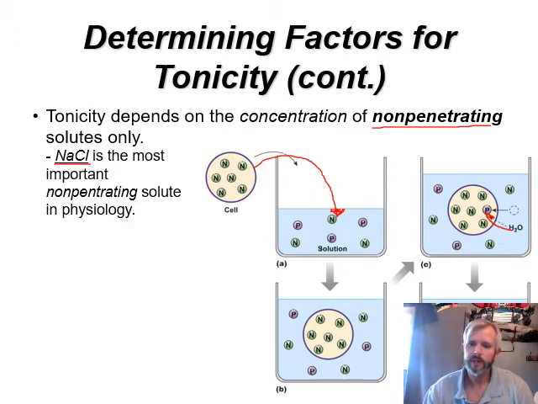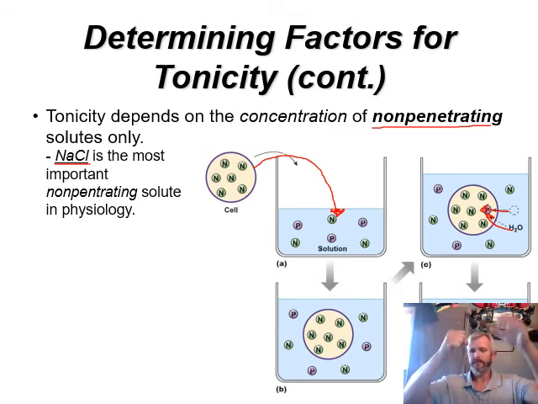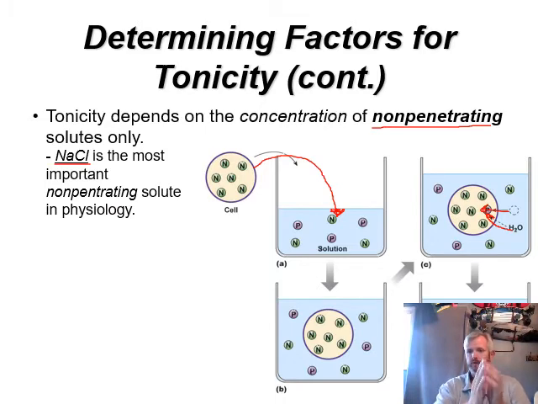The penetrating solutes can move, so penetrating is going to equal penetrating inside the cell compared to outside the cell, because those solutes are going to move by diffusion to where there's less of that solute. They just equal each other out. So really the only thing we care about is the non-penetrating solute.